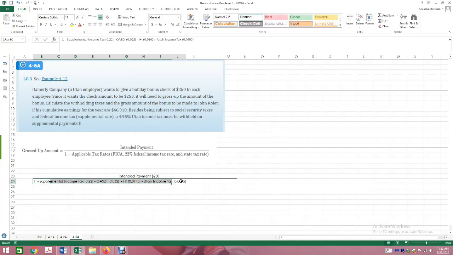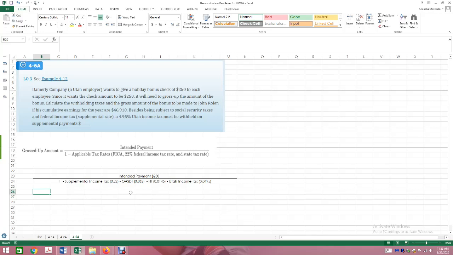So these are all of my taxes. This is my formula. My intended payment, which is $250, divided by 1 minus my supplemental income tax rate of 0.22, minus my OASDI of 0.062, HI 0.0145, state income tax 0.0495. Everything is provided here. Now we're going to get our amount.